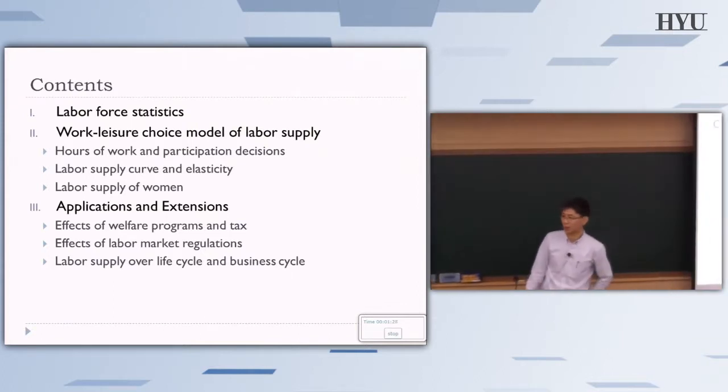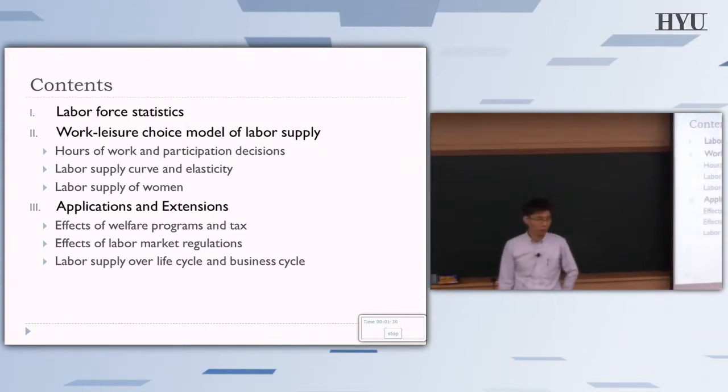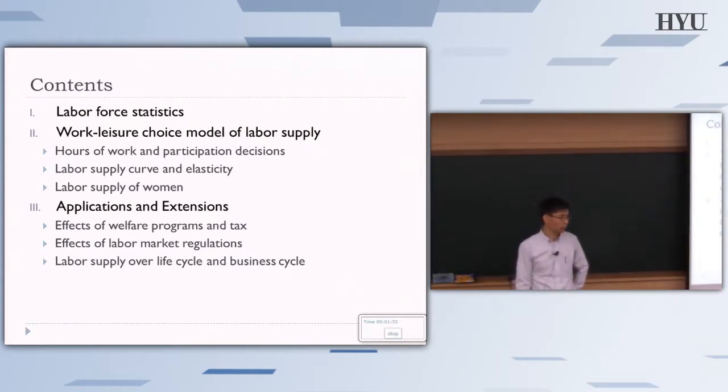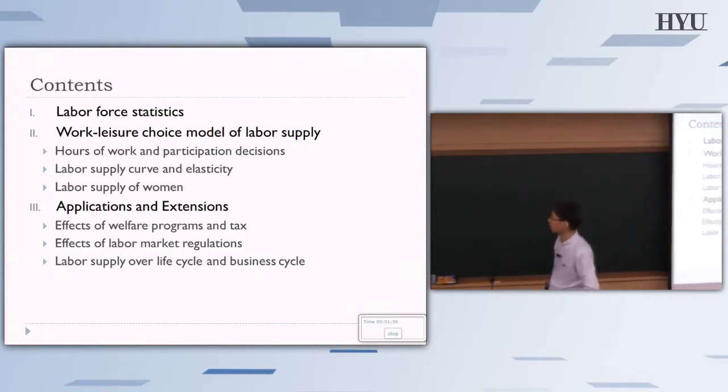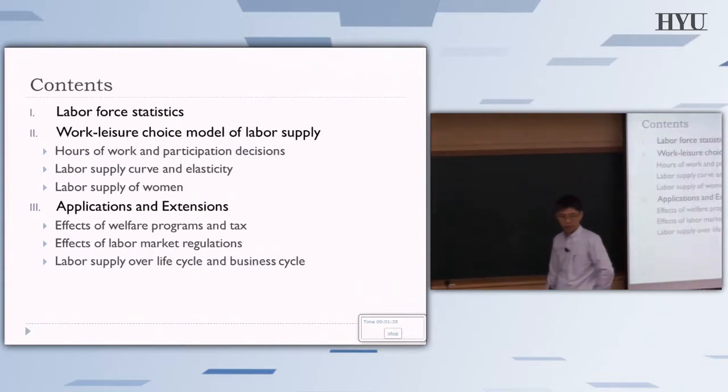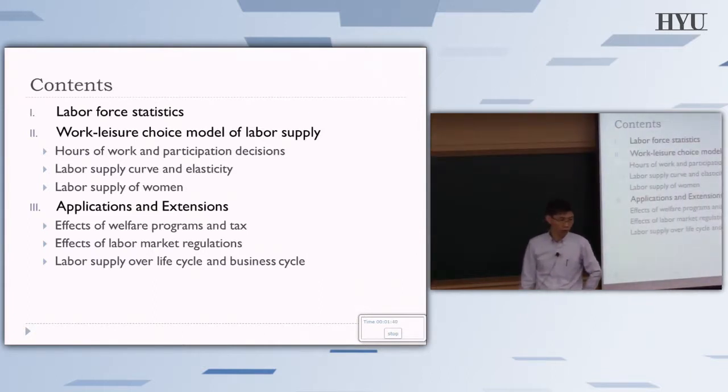That is, we can say, the workhorse of labor supply theory. Okay, it is very simple, easy to understand, and it's a straightforward application of utility maximization. But still, we can have lots of interesting implications from the model.